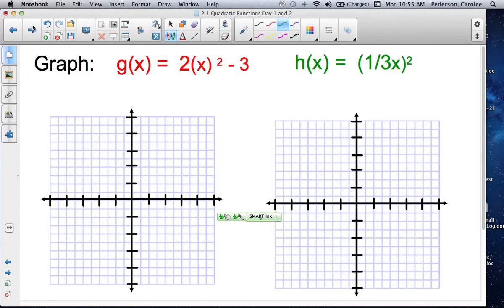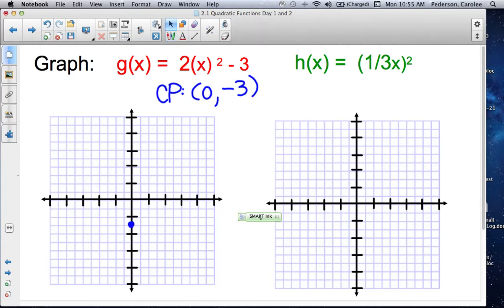Okay, our last two of these in vertex form. Our critical point this time is right 0 and then down 3. Now there is a multiplier, and remember, that changes all of your y values.